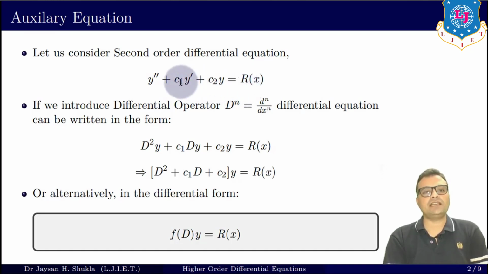Let me recall that this y double dash indicates the double order derivative of y with respect to x. Throughout this discussion, we are assuming that y is the dependent variable on the independent variable x.